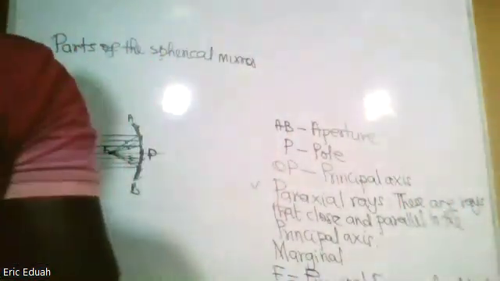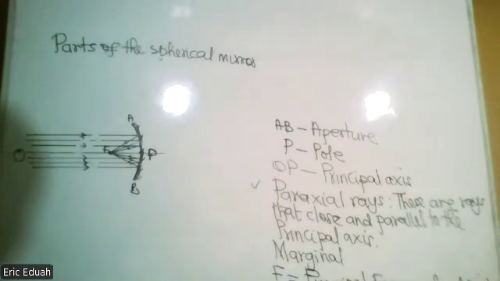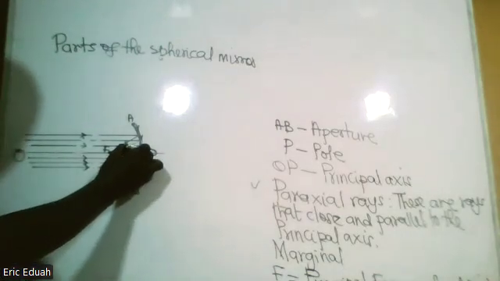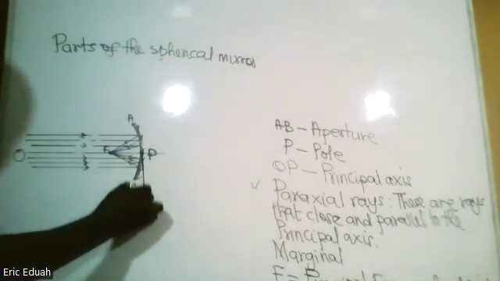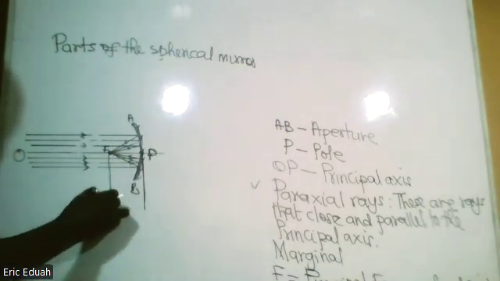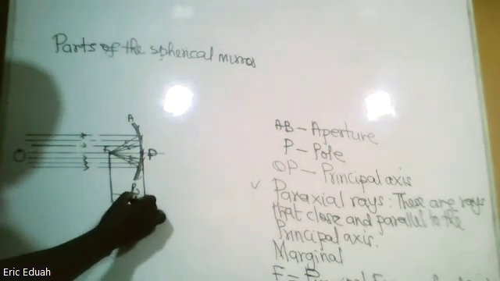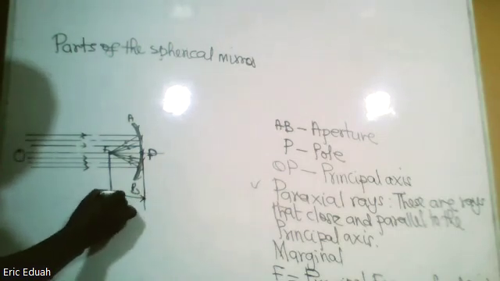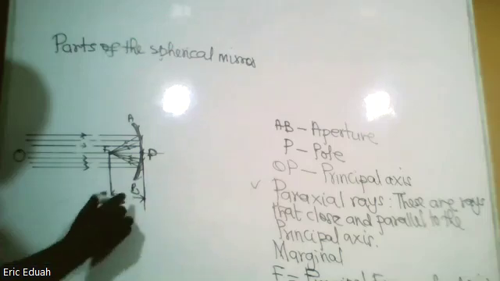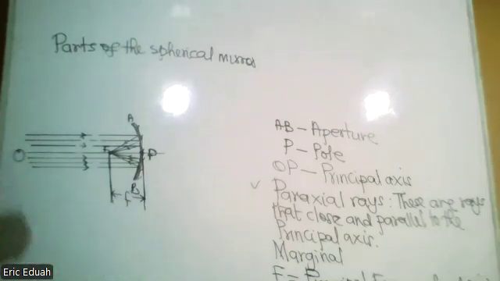Now, the distance between the pole of the mirror and the principal focus is known as the focal length, f. So know the difference.